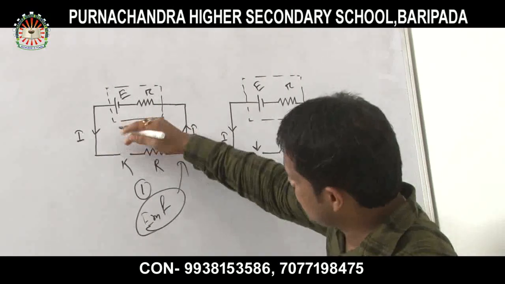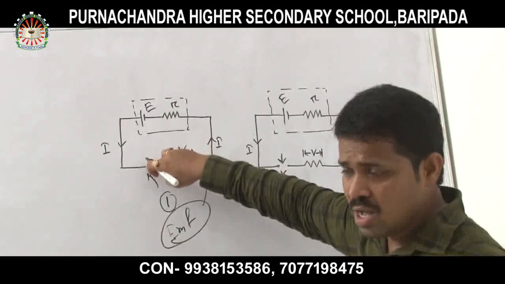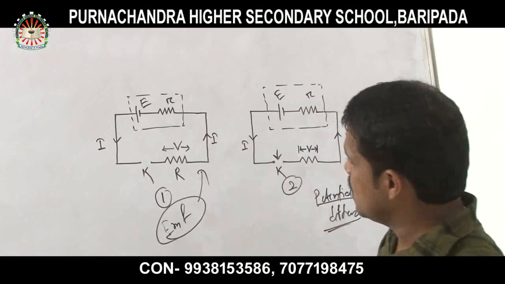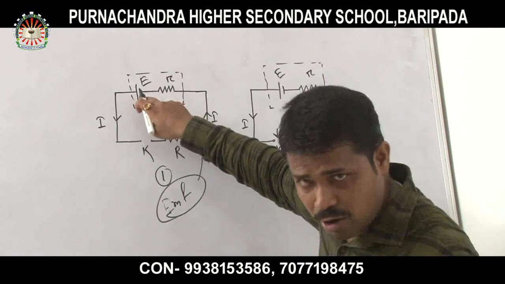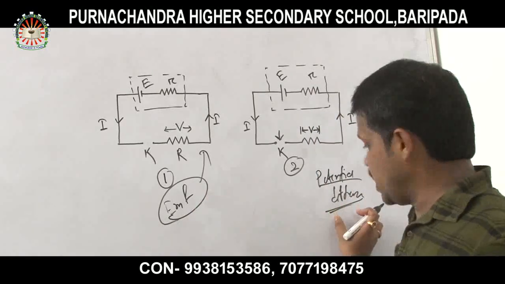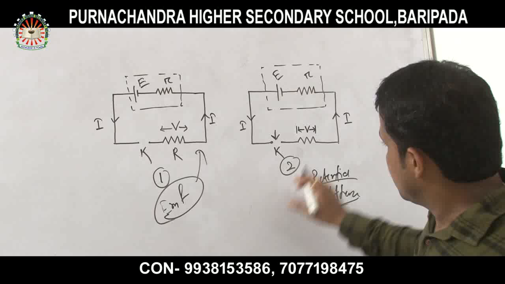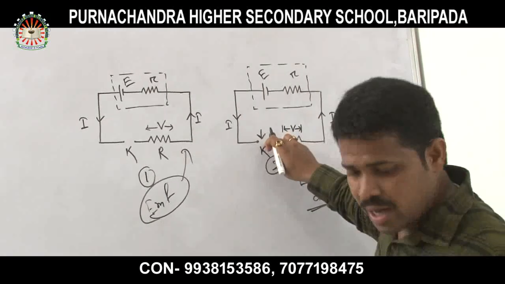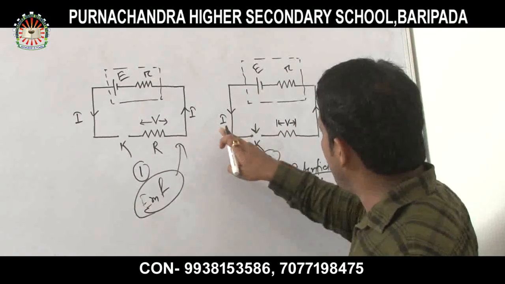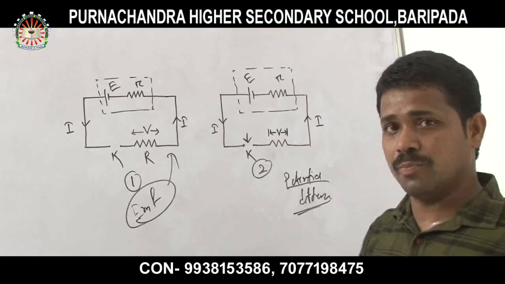Clear? So when the circuit is open, whatever potential you measure across the cell is called EMF. But potential difference we measure in a circuit when the circuit is closed and there is a flow of current inside the circuit. Clear all of you?